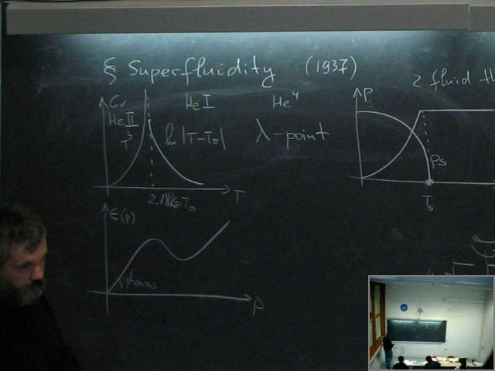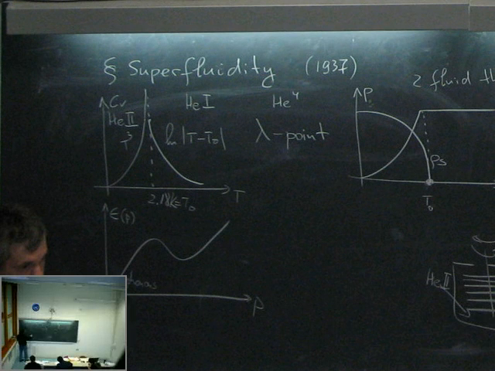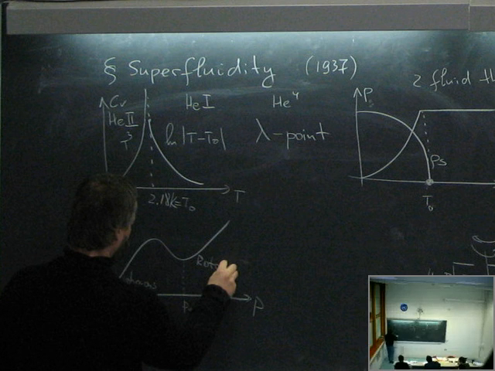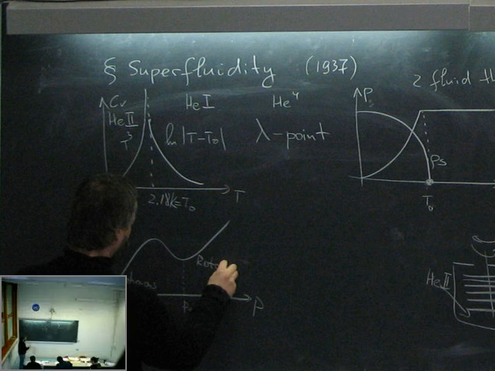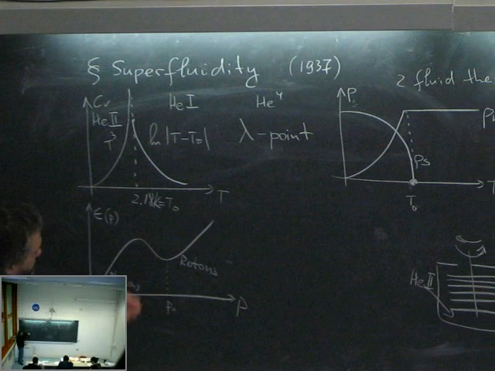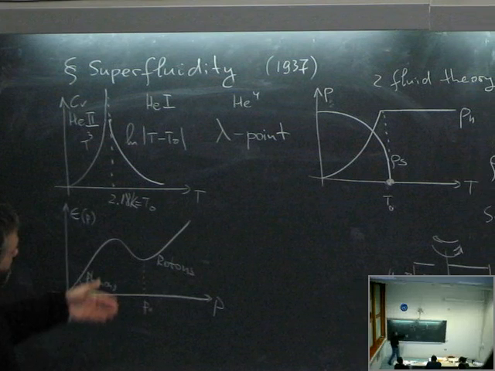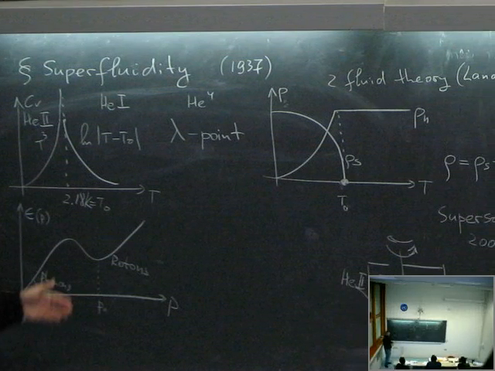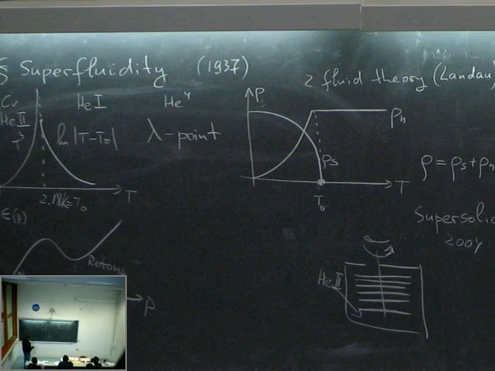And there is also a minimum at some p equal to p naught, which then was called the roton minimum. We discussed the origin of this roton, why it is rotation, and what kind of rotation appears in this system. So as I said, Landau, in order to explain this experiment and come out with this two-fluid theory of superfluidity, postulated the spectrum of that sort, phenomenologically.